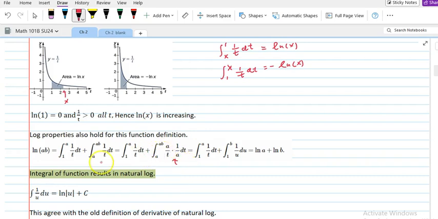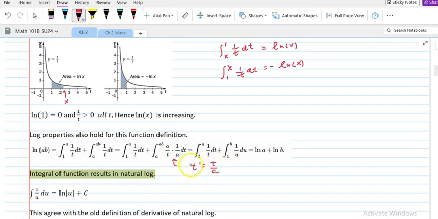The difficult part in this proof, if you're interested in looking at why this works, is that you can substitute t prime equal to t over a.